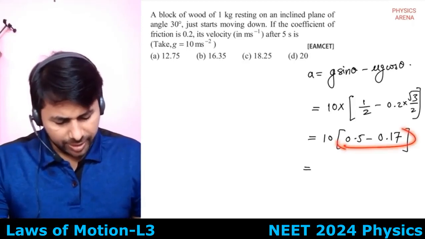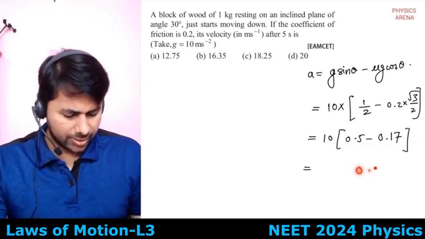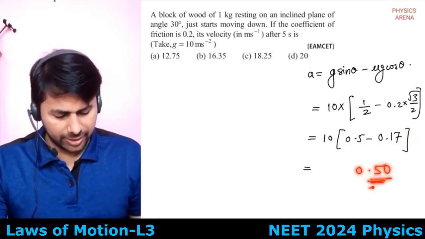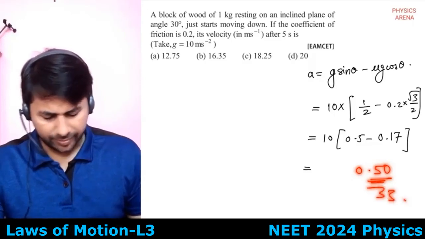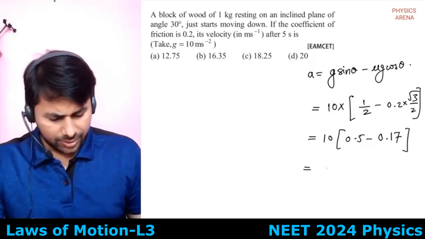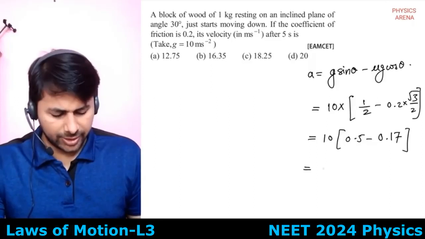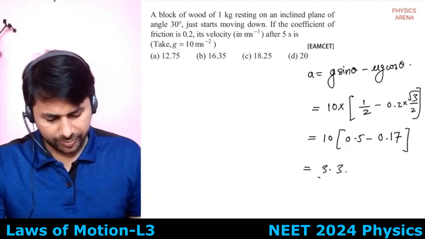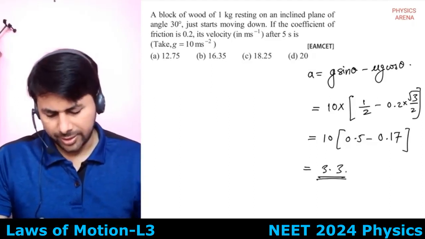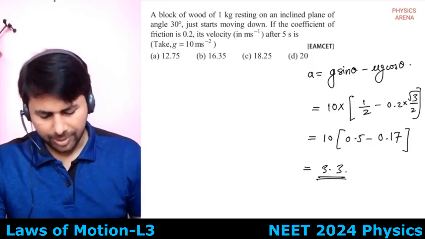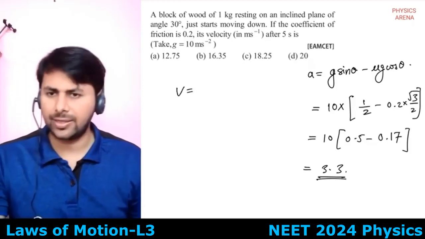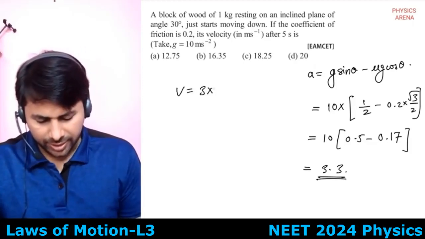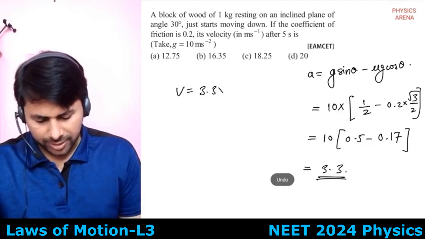So 50 minus 17 is 33, right? So 10 multiplied by 0.33 is 3.3. Acceleration is 3.3. So after 5 seconds, v is equal to u plus at. So it is 3.3 multiplied by 5.